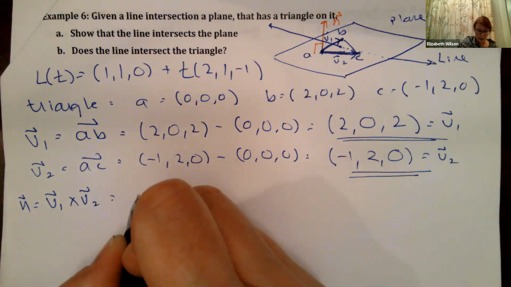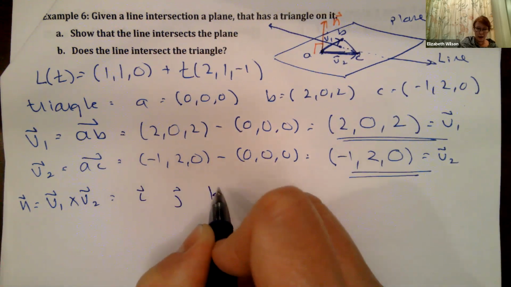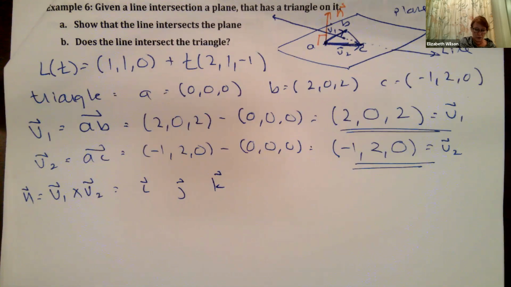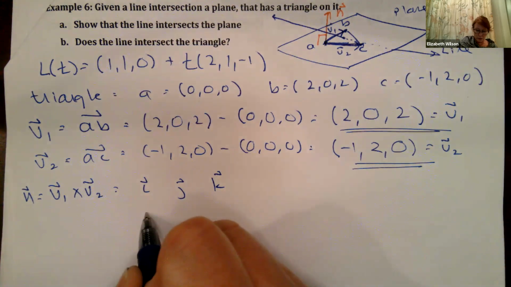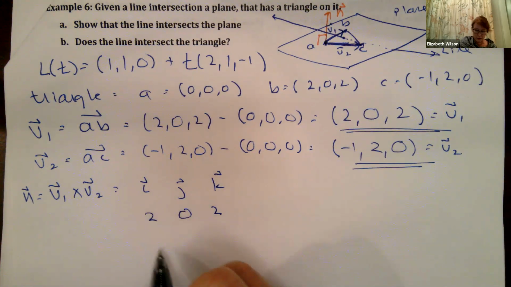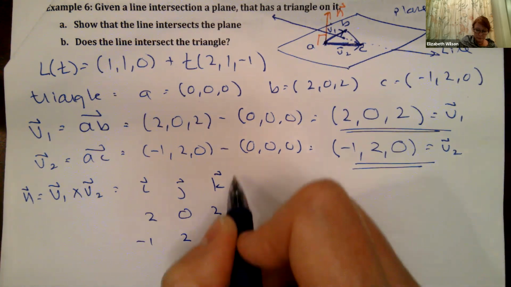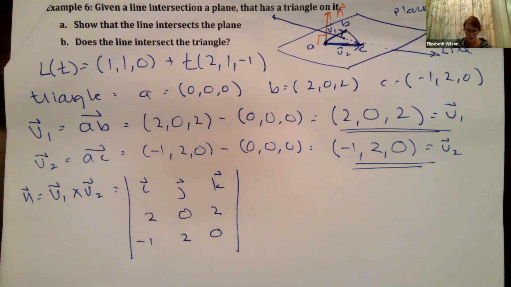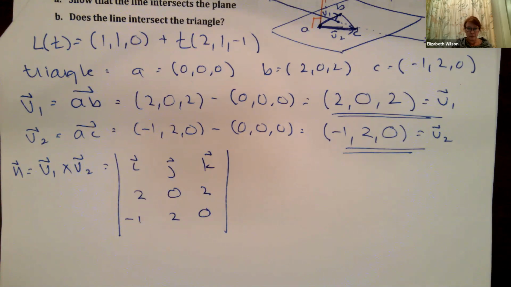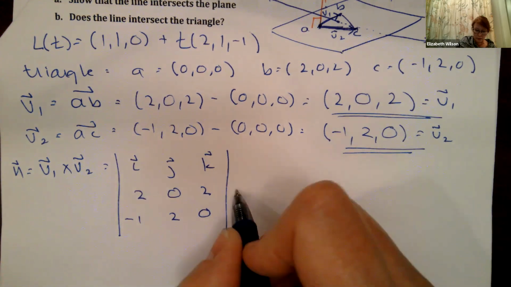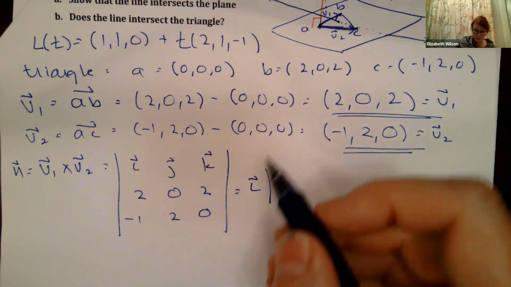So I'm going to say i, j, k, our basis vectors. v1 goes first: 2, 0, 2. v2 goes second. And now I have to do the cross product. You guys can try the cross product while I'm doing it, and we'll compare answers.